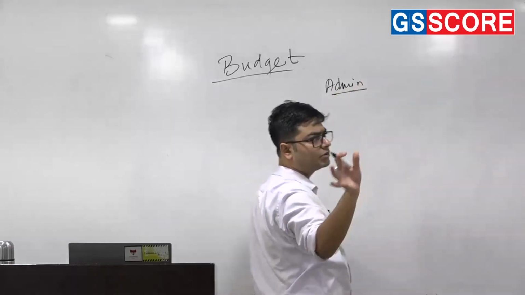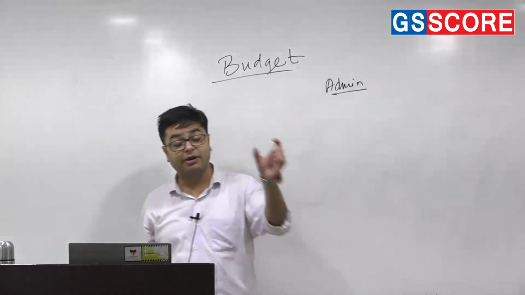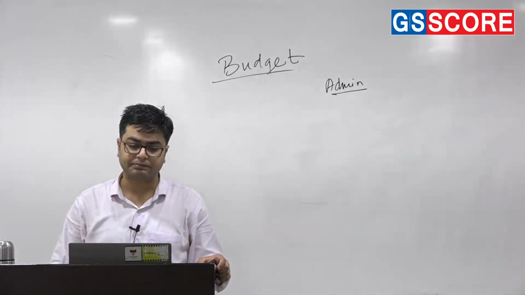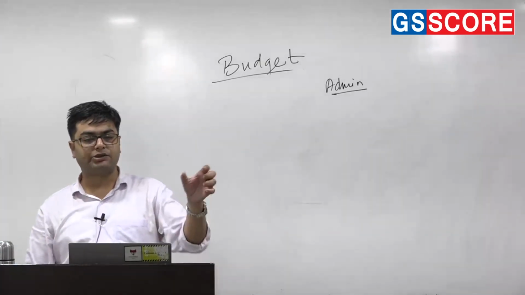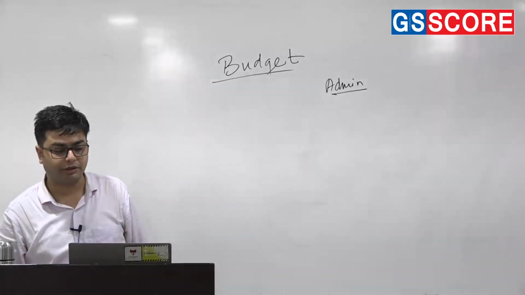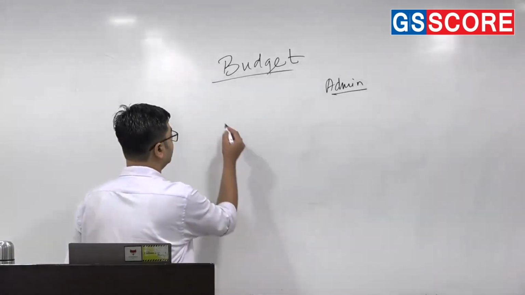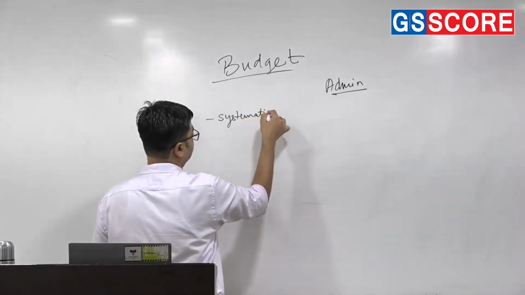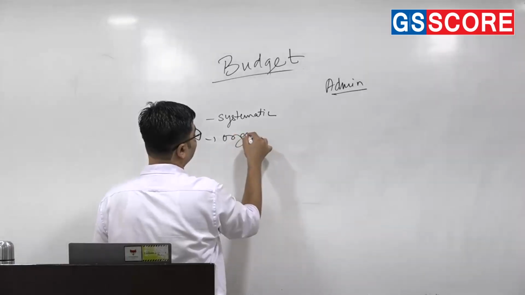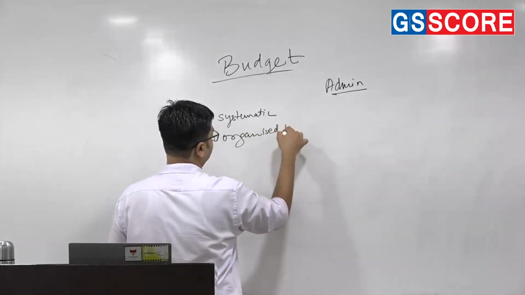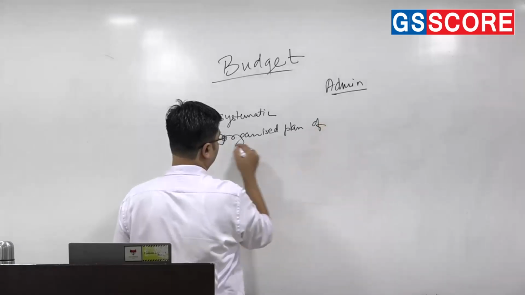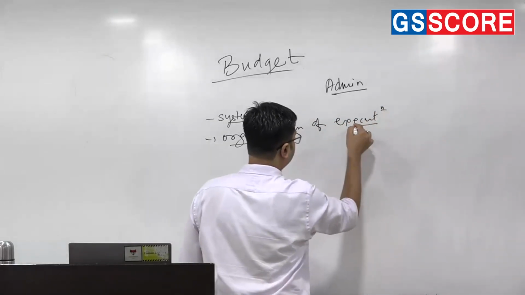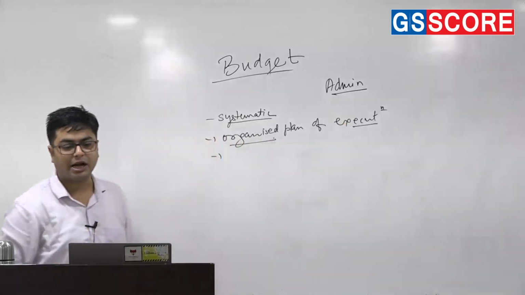We have discussed enough about the political aspect. Obviously, there would be hybrid aspects present in both politics and administration. But why are we calling budget an administrative document? It is systematic. It's an organized plan of execution. See the administration elements that I am highlighting.